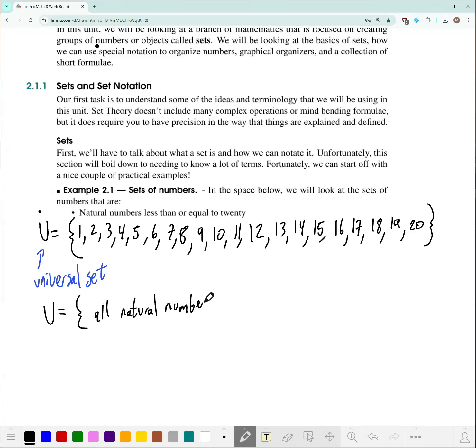Numbers less than or equal to 20. And this is kind of a little easier to do. Nice bracket. But it's not that much better, and it feels not very mathematical. So I'm not a huge fan of this, but it gets our point across.